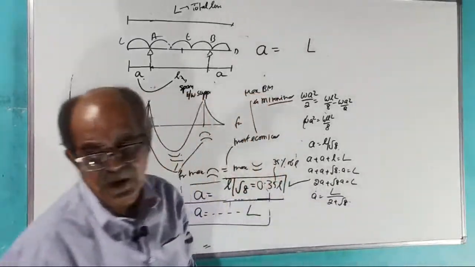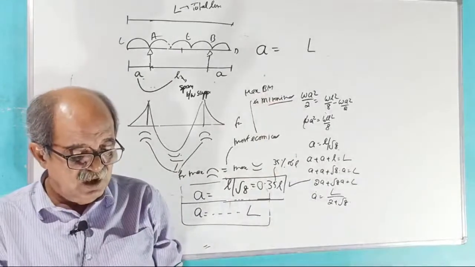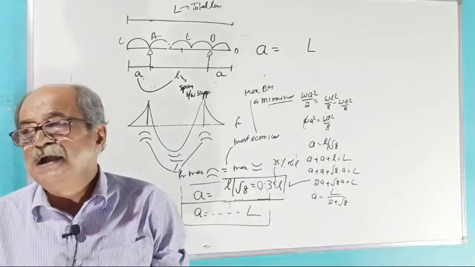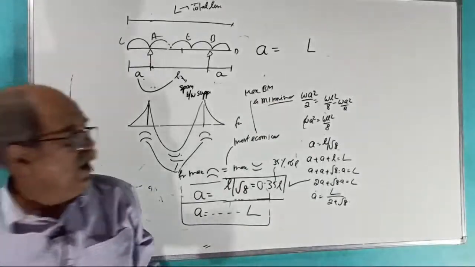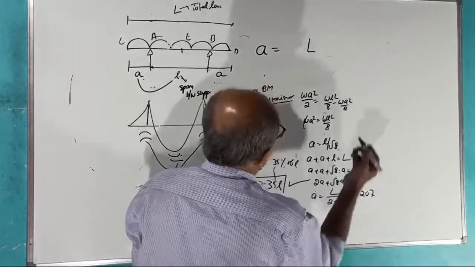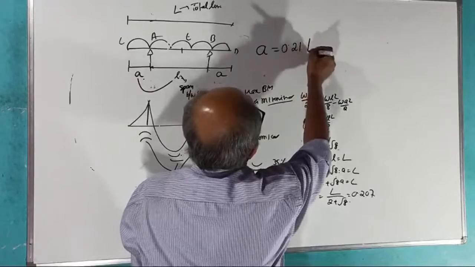Correct? 2 plus root 8. See, you are forcing me: 2 plus root 8 reciprocal, yes, 0.207. It is actually 0.207, or you can take A as almost equal to 0.21 L.